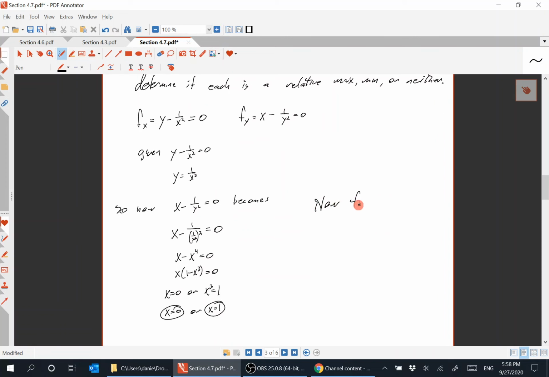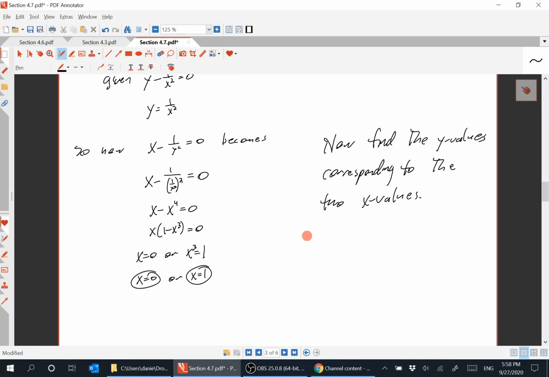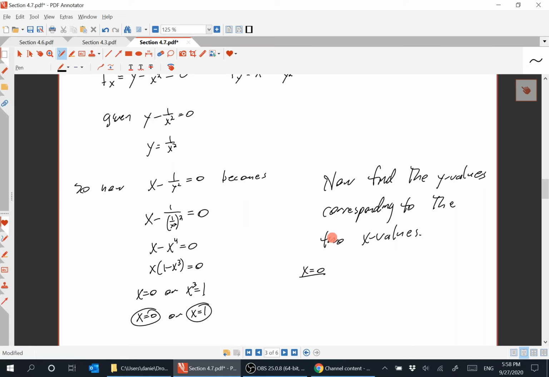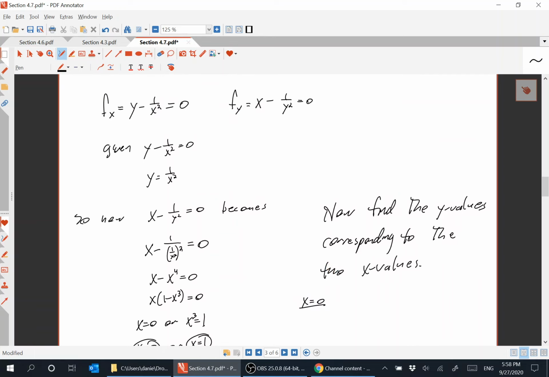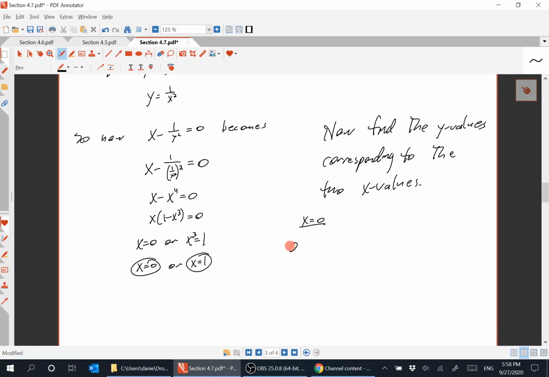So now find the y values corresponding to the two x values. All right, so for x equal to 0, this is going to give me 0 minus 1 over y squared is equal to 0.